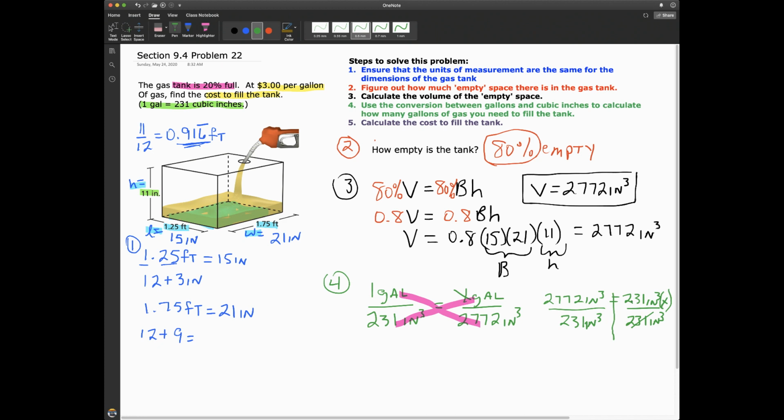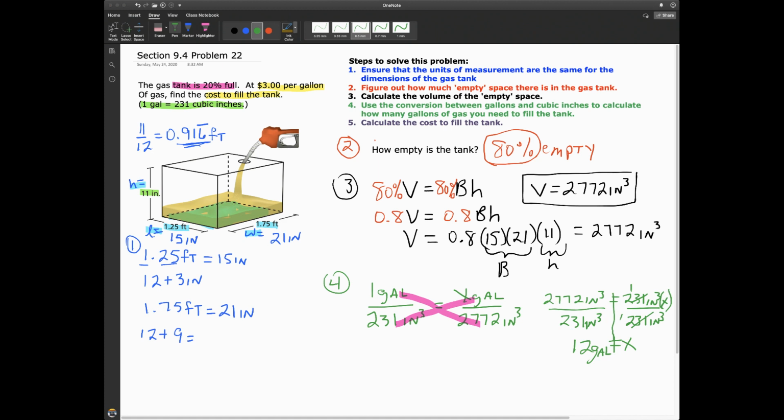That way things cancel, and I get x equals 12. My units for that are gallons. So I know 2,772 cubic inches is the same as 12 gallons.